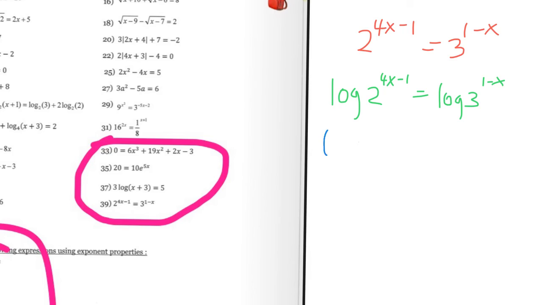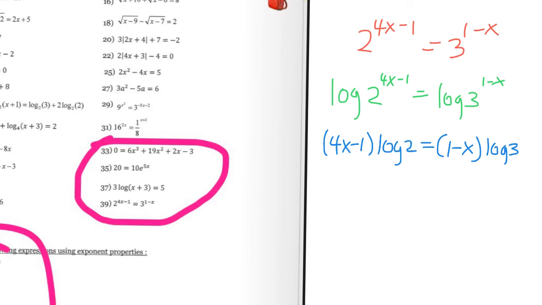So that's going to become 4x minus 1 times log of just 2, and that's going to equal 1 minus x times log of 3. Okay.